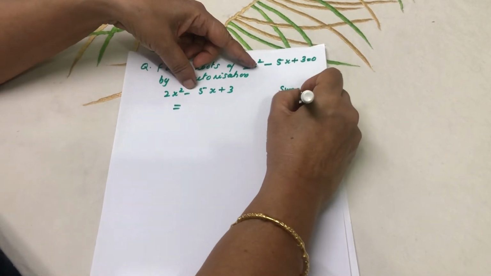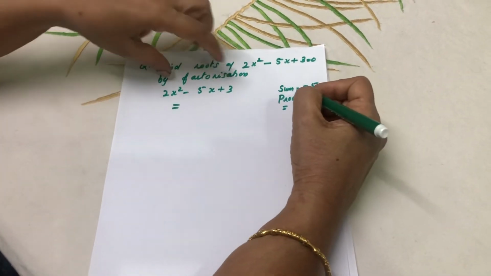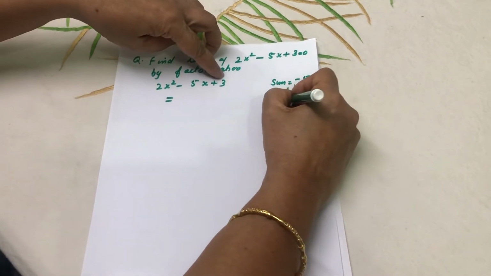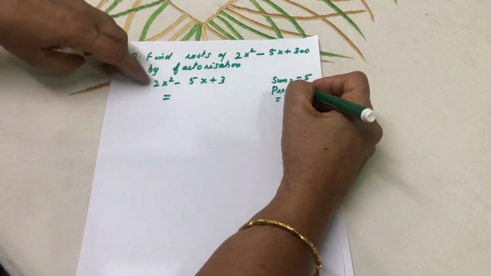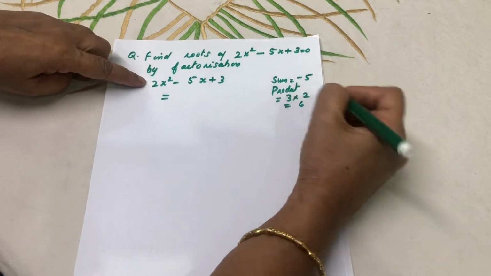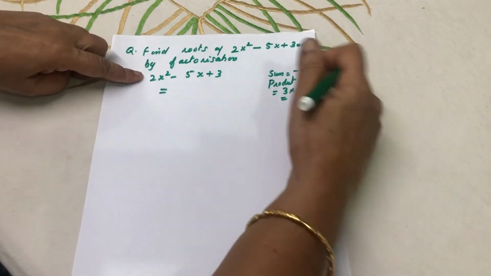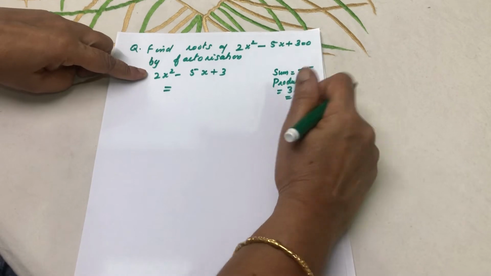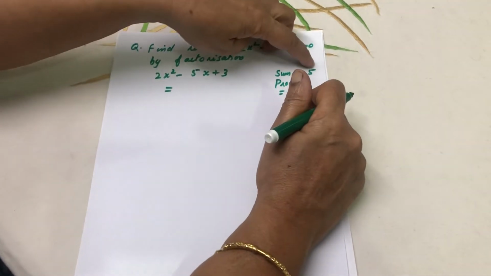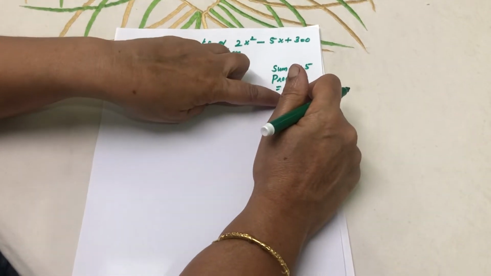The product is the product of the constant term and the coefficient of x squared, that is 6.